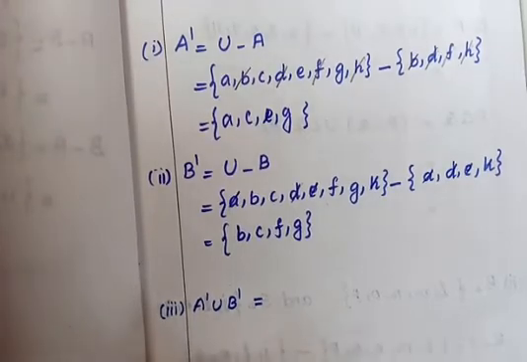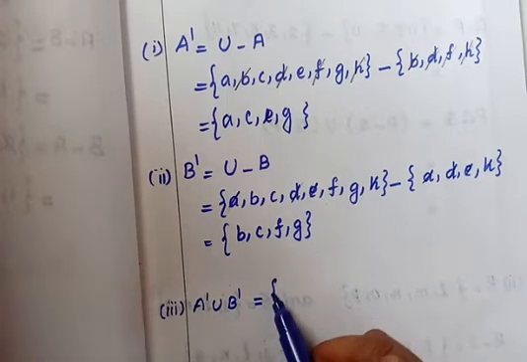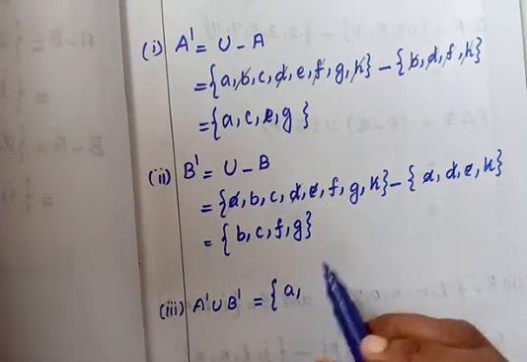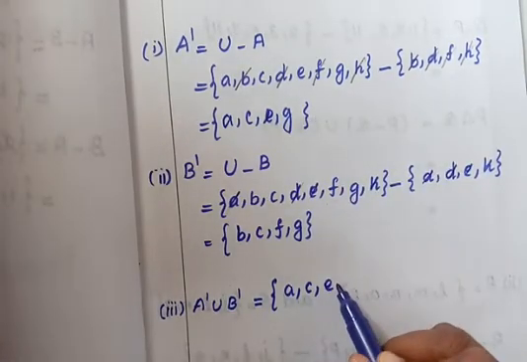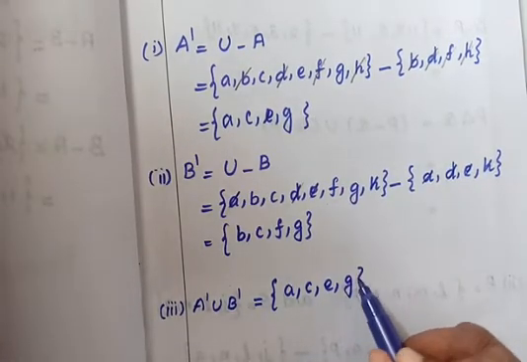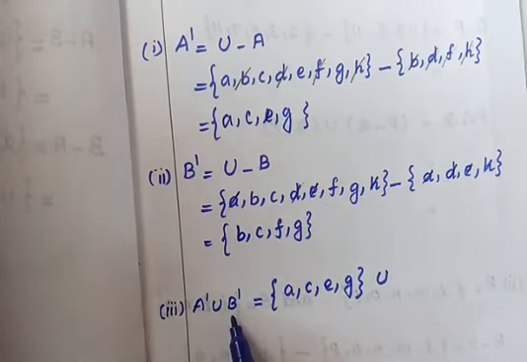Next we have to find out A dash union B dash. What are the elements in the A dash set? Already we found A dash: A, C, E, G. Union B dash.